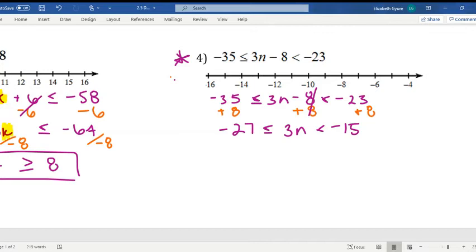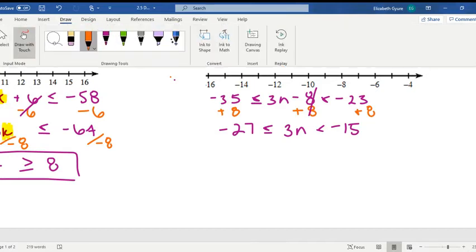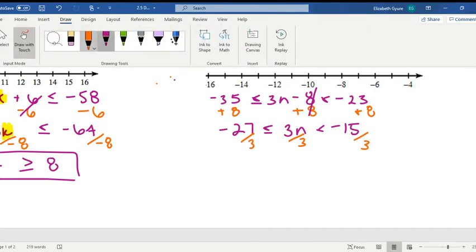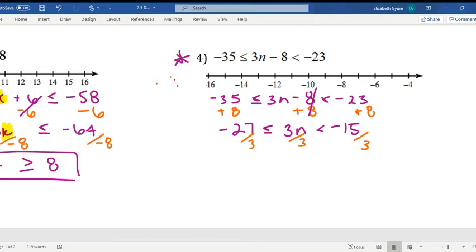And then, Jake Sanders, what would be my next step? What do I do with a 3? Yep, we divide. Divide the middle, divide the left, divide the right. So when I divide, Mason B, what's -27 divided by 3?